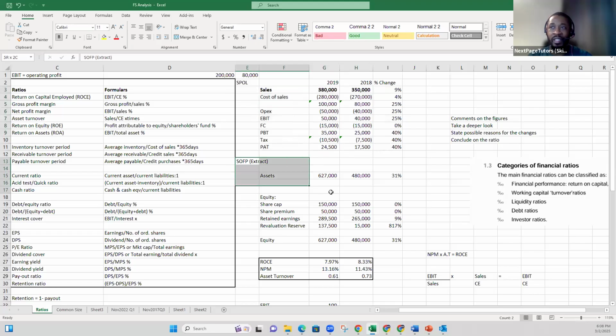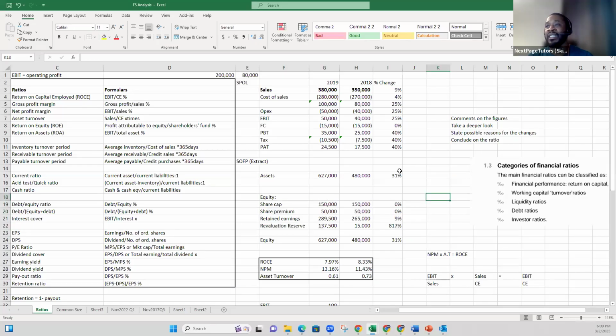For the SFP, I have an extract showing, on an assumption, that maybe they don't even have any liability. They basically have a total asset, which equals the share capital, share premium, retained earnings, and the reserve, and that's all they've got. It's an extract just to focus on the aspect we want to discuss.